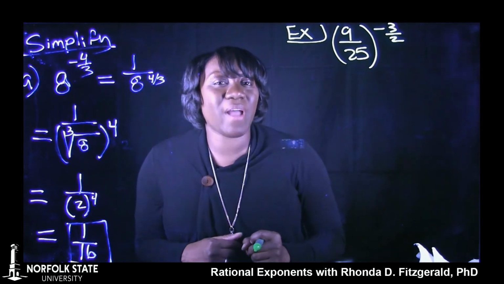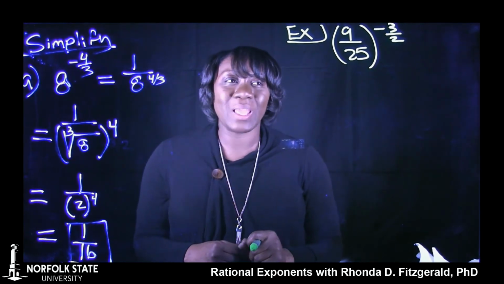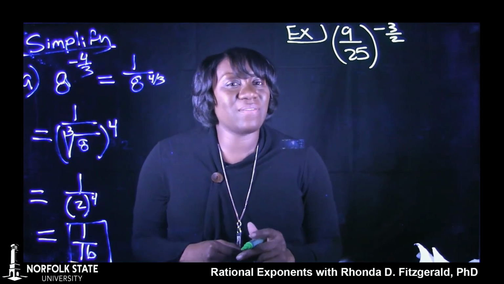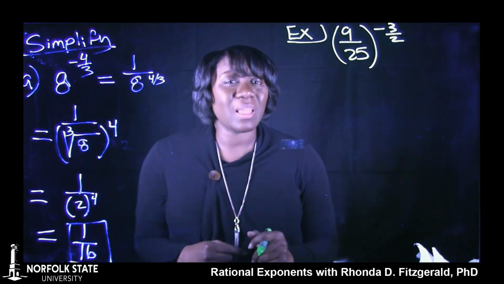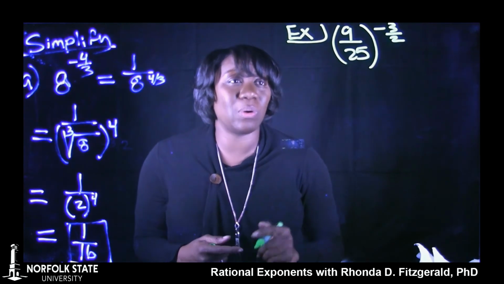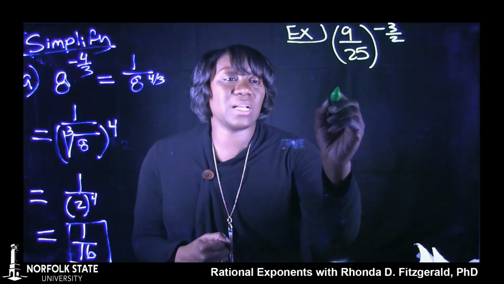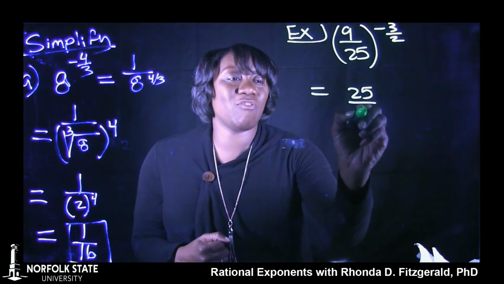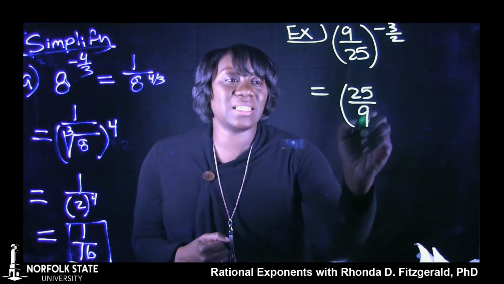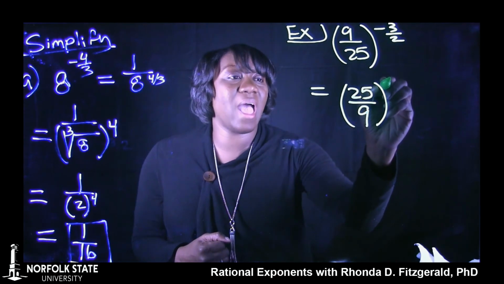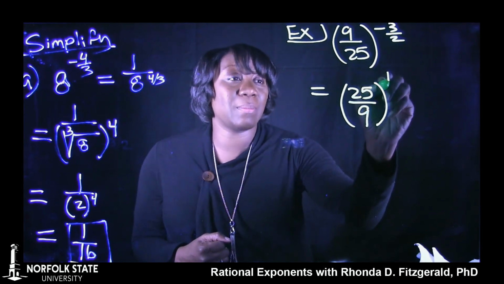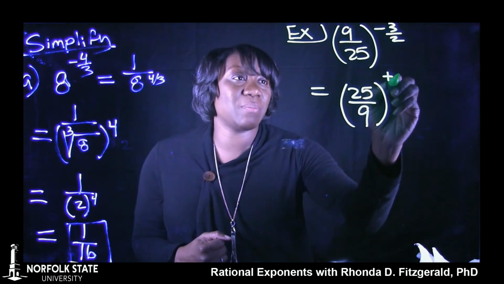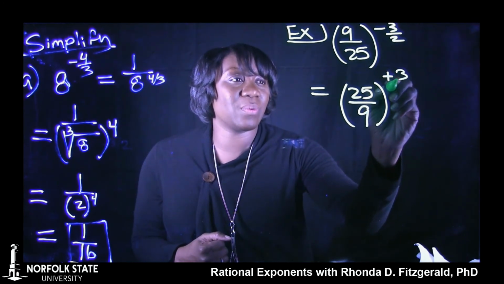If you recall, dealing with the negative exponent is just going to be the reciprocal of this part here. So this simplifies to 25 over 9, and that's dealing with our negative exponent. Now I have the positive 3/2.